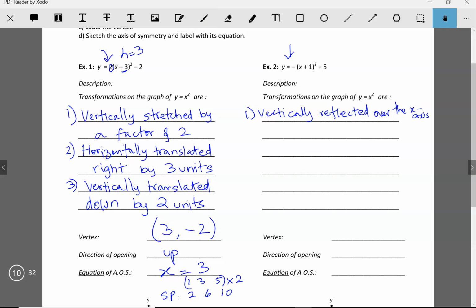Ta-da, that's my first line right there, nice and easy. Again, you don't have to say by a factor of anything. That's just the negative sign we're taking into account, and we're saying vertically reflected over the x-axis. The a value here is 1, so that is normal. We don't have to say anything. It's not stretched or compressed.